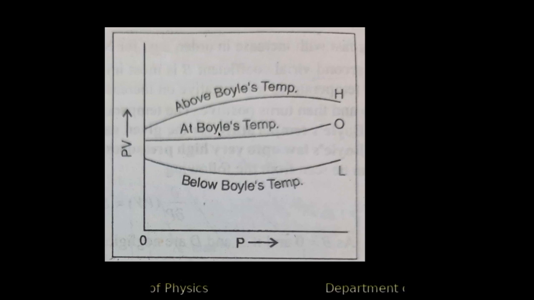This explains the graphs for the figure, first slide and second slide. So this is the behavior of real gases with their equation of state and ideal gas.